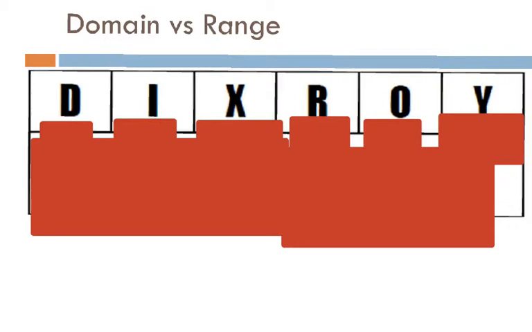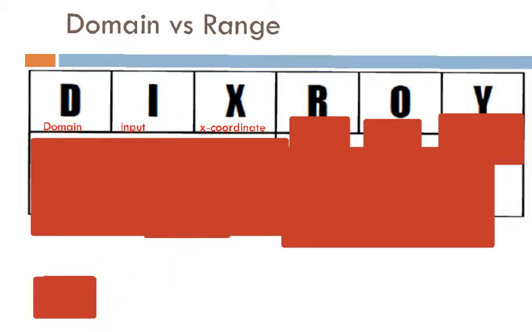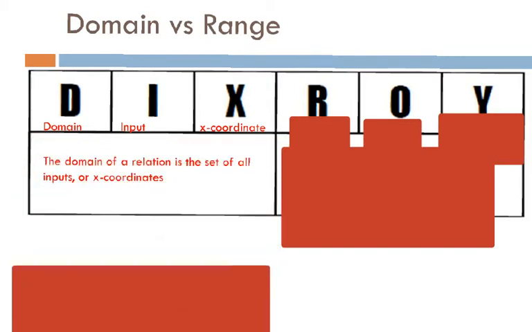And so in the first acronym, DIX, this D is going to stand for domain, the I is going to stand for input, and the X is going to stand for the X coordinate, because the definition of domain is that the domain of a relation is a set of all inputs or X coordinates. So domain, D, inputs, I, X coordinates, X. So that's just a little acronym to help us remember the definition.